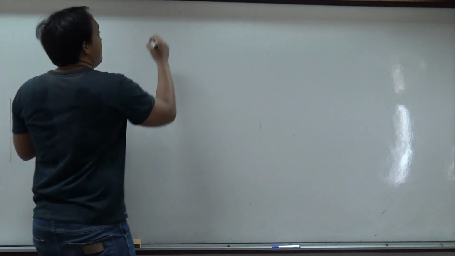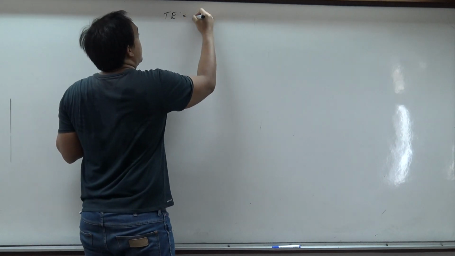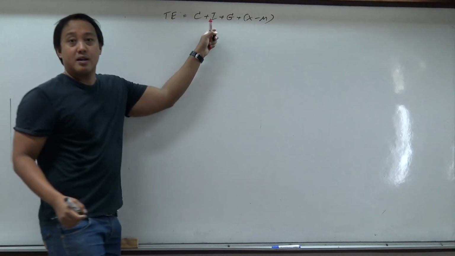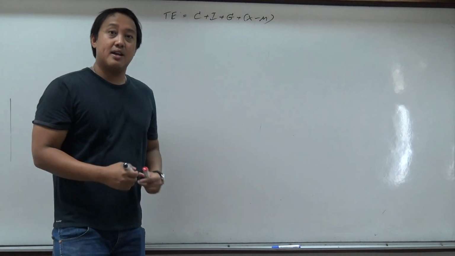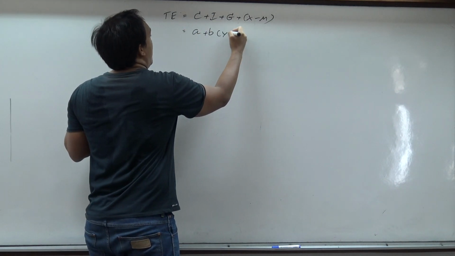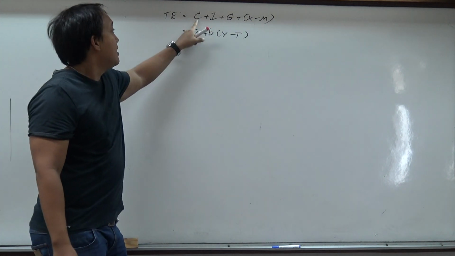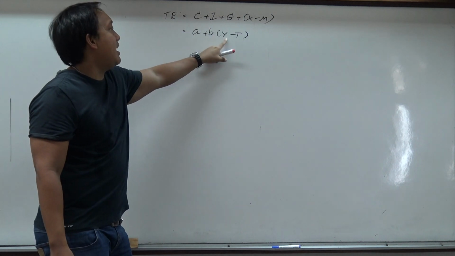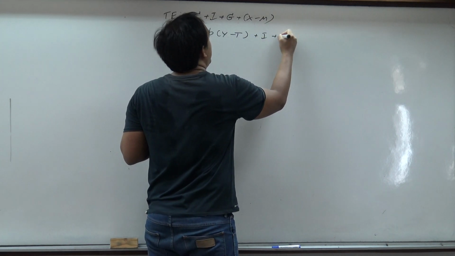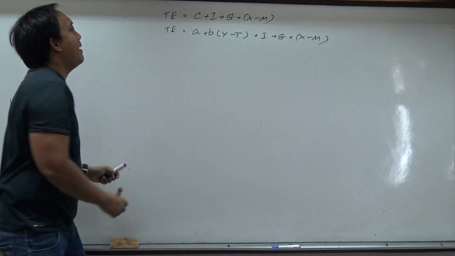As I mentioned before, total expenditure equals C plus I plus G plus X minus M. For example, C equals A plus B multiplied by Y minus T. I put it down here, and then this is I, this is G, this is X minus M, and this is total expenditure.